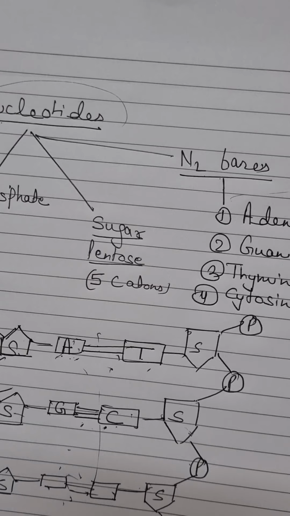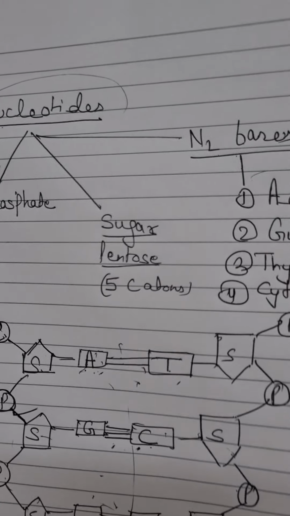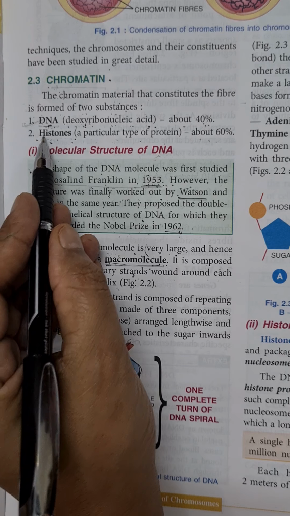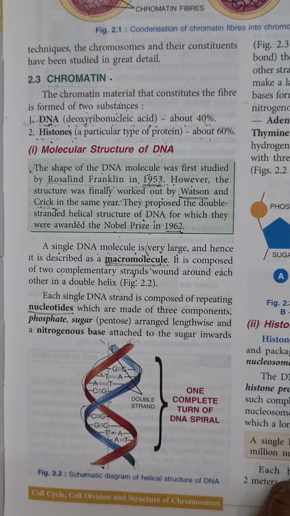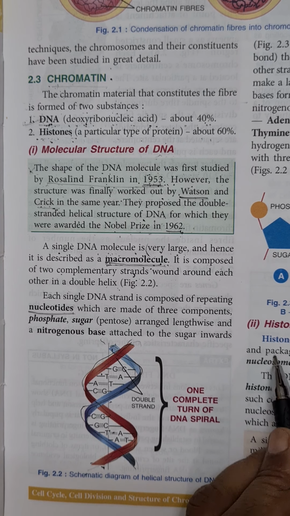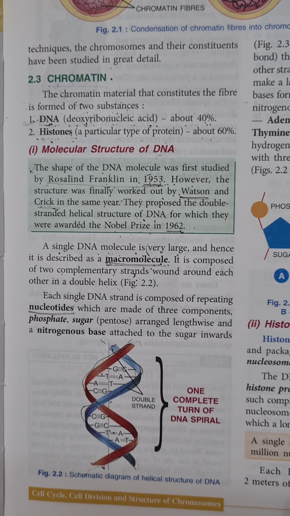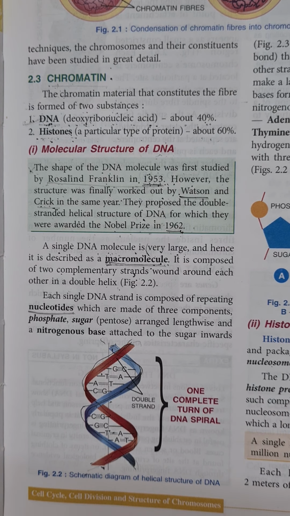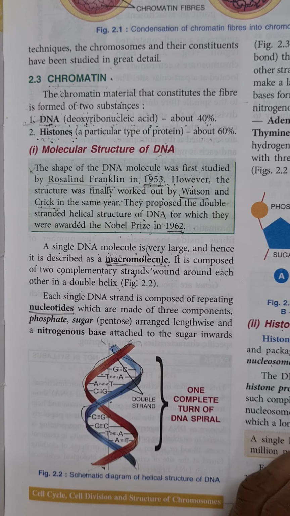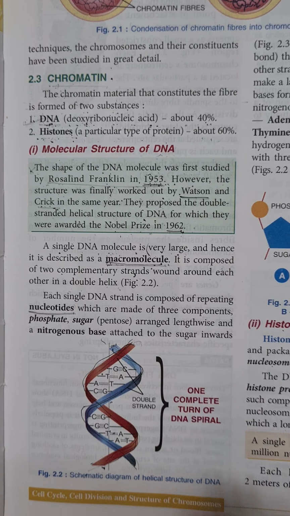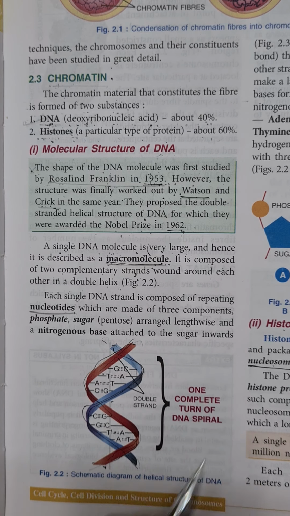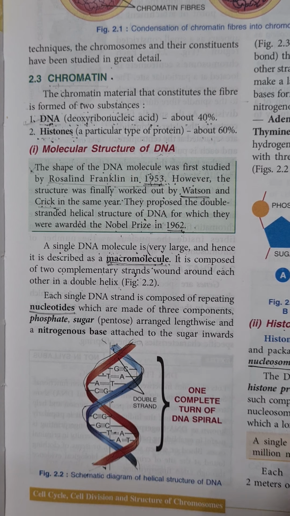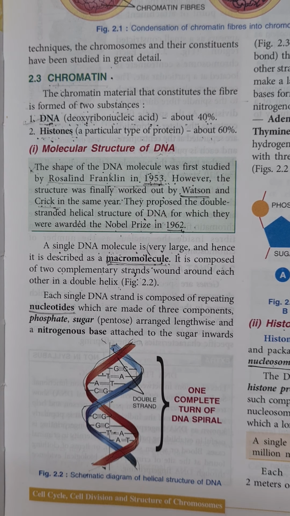Next, the other substance present in chromatin, that is histones. Histones are the proteins that help in the coiling and packaging of DNA into structural units called nucleosomes. So these are the proteins which help in coiling and packaging of DNA to form structural units which are called nucleosomes. Another important term: 8 histone molecules wrapped by a DNA molecule.